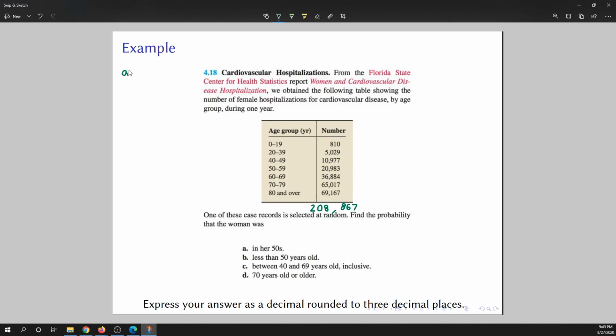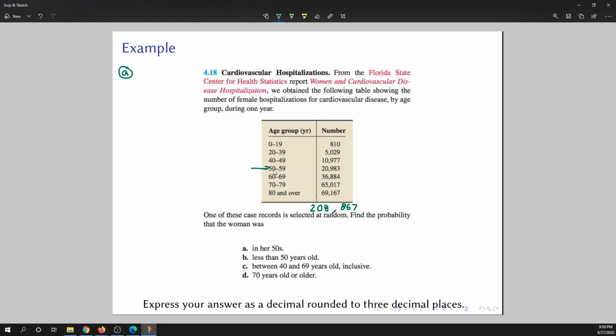We'll do part A. On part A, it says find the probability that the woman is in her 50s. All right. So in that case, what we would do is look at the number of women who are in their 50s. That is right here in this part of the table, right? You can see if a woman's in her 50s, then she is in this category right here.